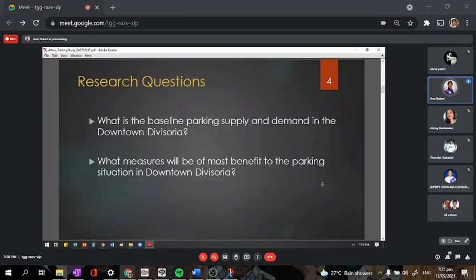Okay, so gipakita ang mga research question na gusto niya mahibawan. Basically, ang baseline kung unsa ang existing supply and demand of parking in the area of Divisoria, and what can be the benefit of researching or doing something with parking for the downtown area in Divisoria.